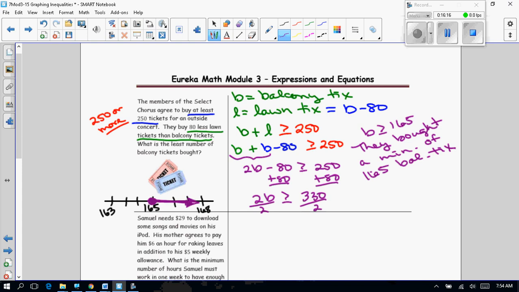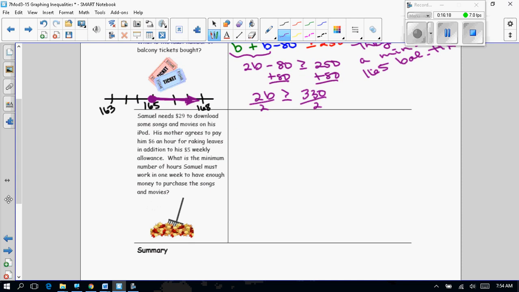All right, last problem. So Samuel needs $29 to download some songs and movies on his iPod. His mother agrees to pay him $6 an hour for raking leaves and in addition, his $5 weekly allowance. So he automatically gets the $5, but he's also going to get $6 an hour, and he needs to make at least $29.